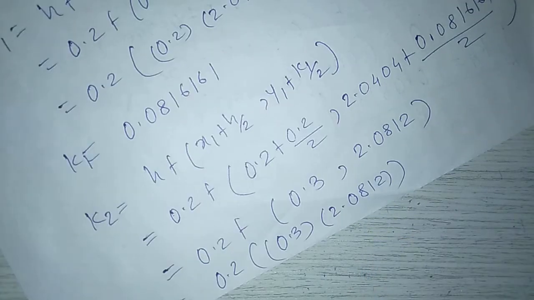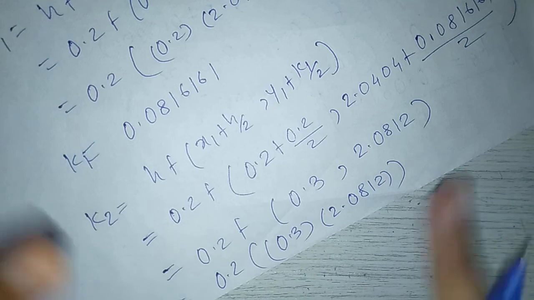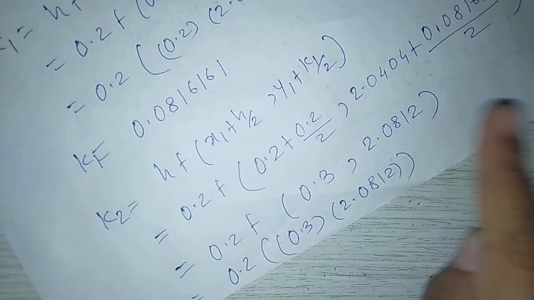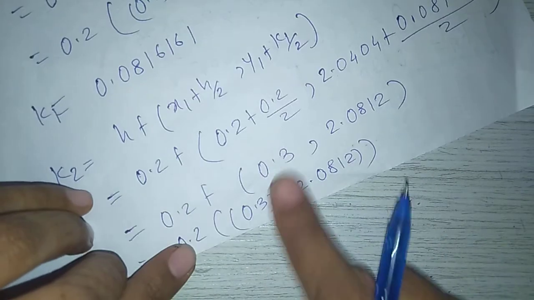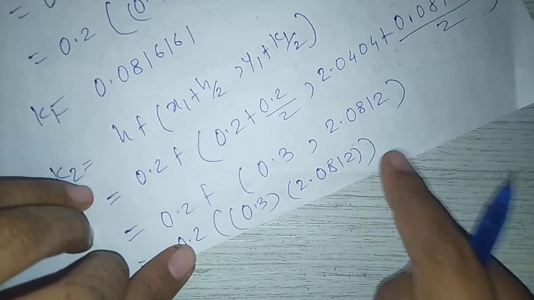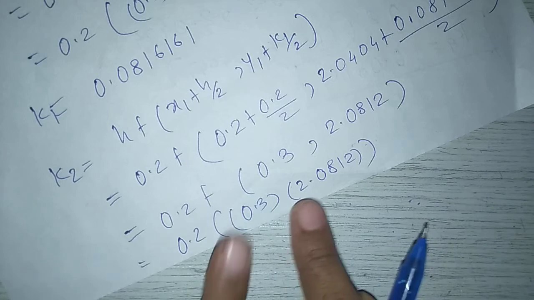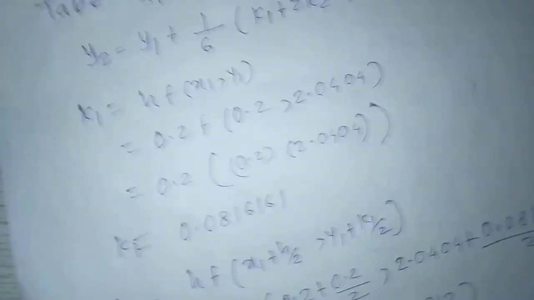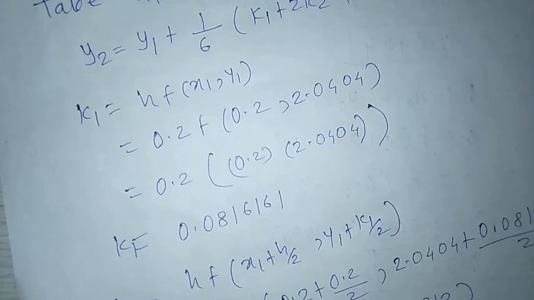Here remember f of x, y is x into y, and here f of 0.3, 2.0812 means 0.3 into 2.0812. That's why we take multiplication here.